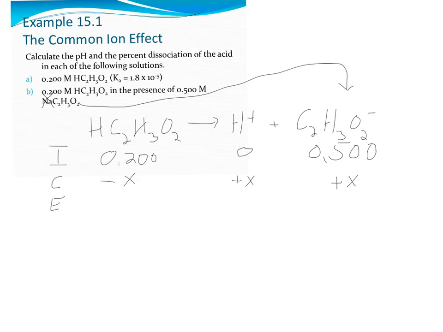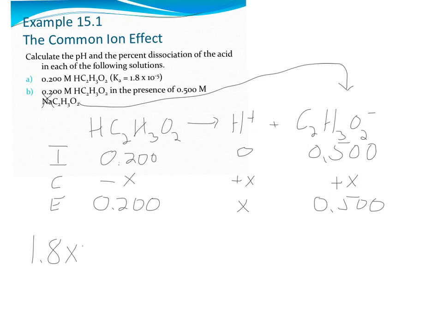That means these x values are going to be negligible. Whenever you have something on both sides, your equilibrium value is going to be the exact same value as your initial value. Those aren't going to change. But the hydrogen being 0 is going to change significantly. That's still going to be x. So we don't have a large equilibrium problem to solve here. With the solver, we can do this with a calculator.